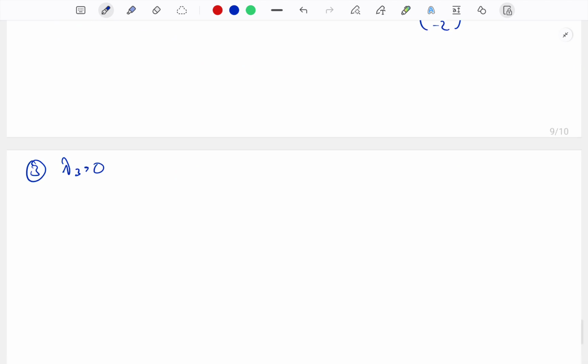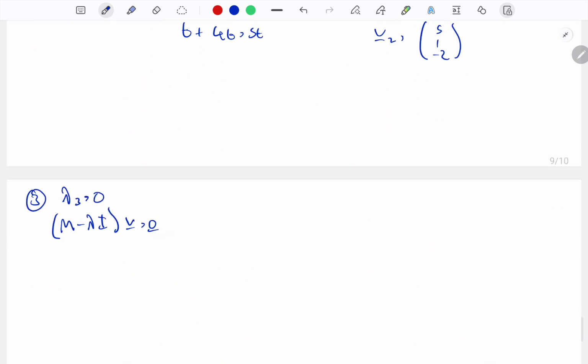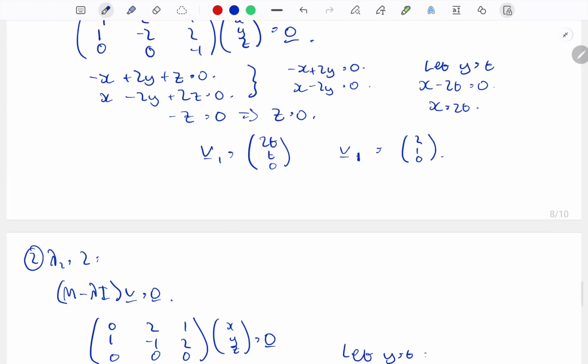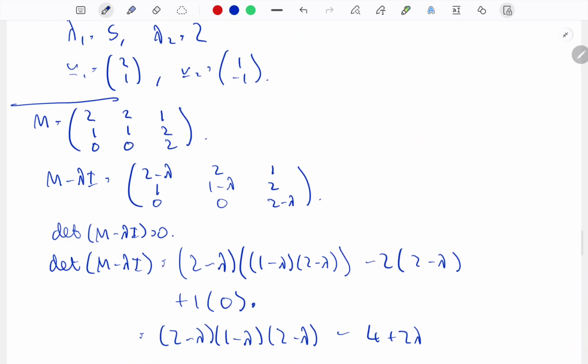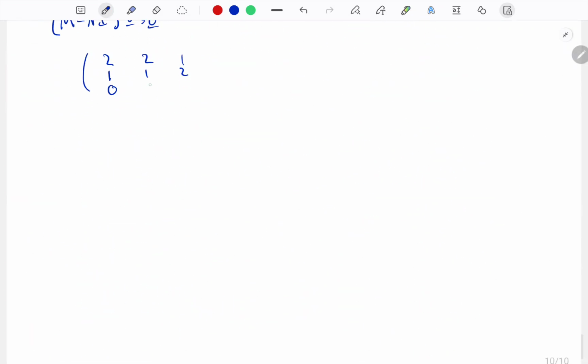Now let's go over lambda 3 is equal to 0. So (M minus lambda I) v is equal to 0. So 2, 2, 1, then 1, 1, 2, and then 0, 0, 2, times x, y, z is equal to 0.